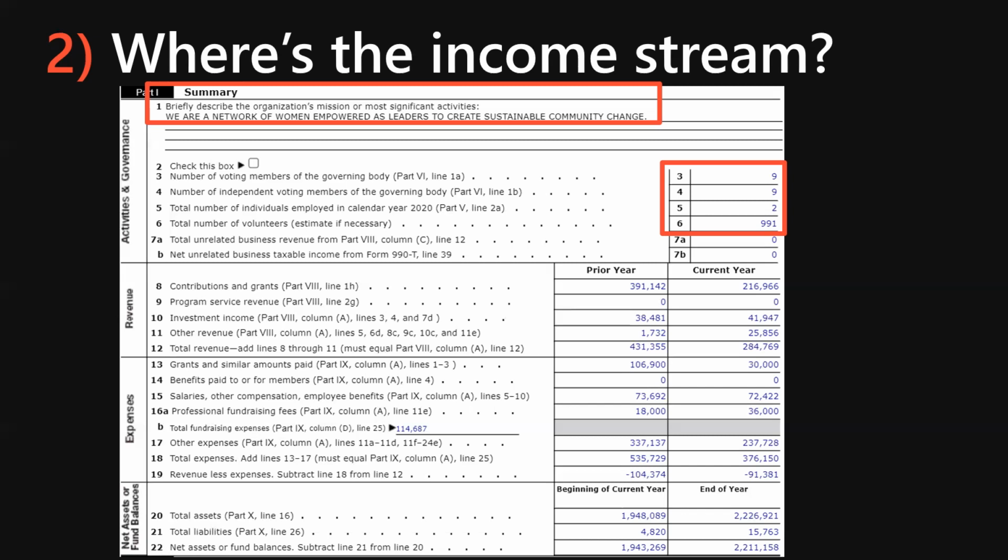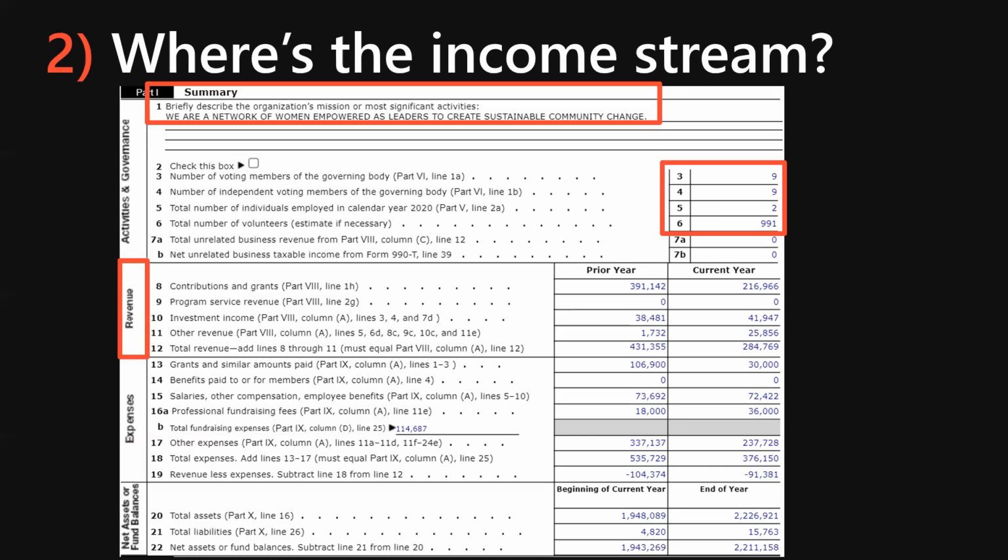If someone were looking at this, not knowing what a junior league is, understanding that a junior league is volunteer run and powered, they might say, why so many volunteers? No staff? Are they actually doing anything? We, of course, know that that's not a red flag for a volunteer powered organization. So boxes 3 through 6 are your people counts.